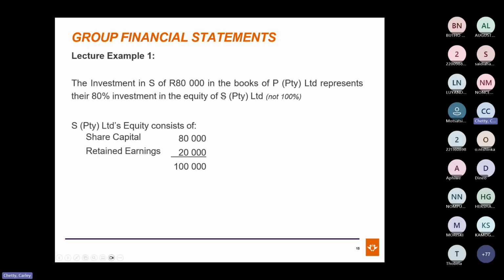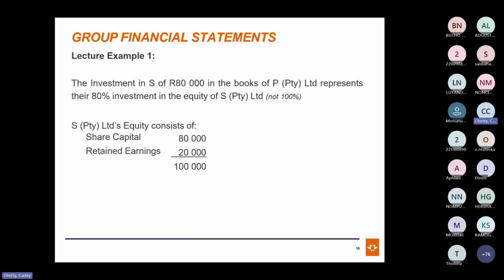So the investment in S of 80,000 Rand in the books of PPTY Limited represents their 80% investment in the equity of S, okay? So remember we said P owns 80%. They bought 64,000 shares. They didn't buy all the shares.